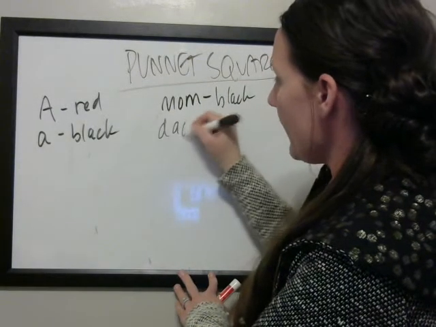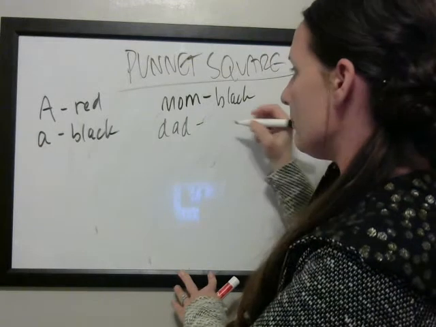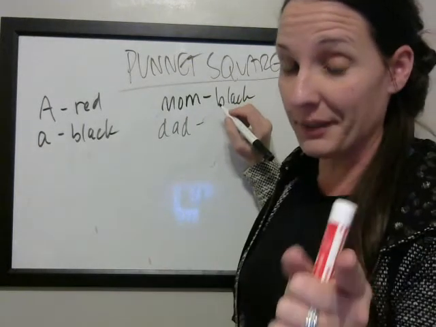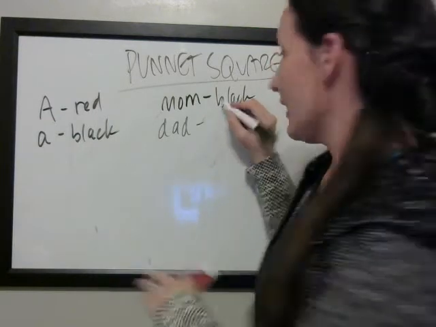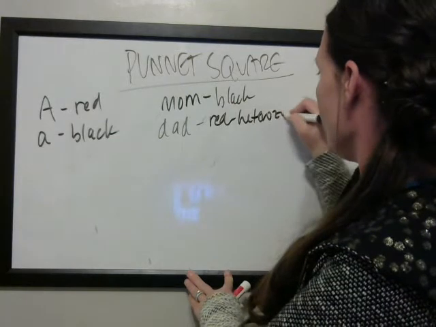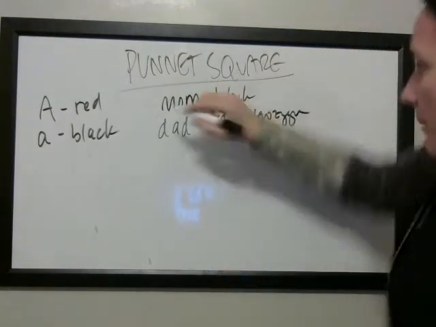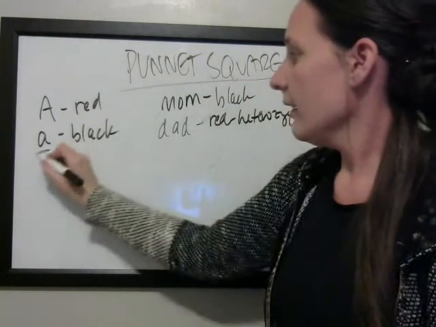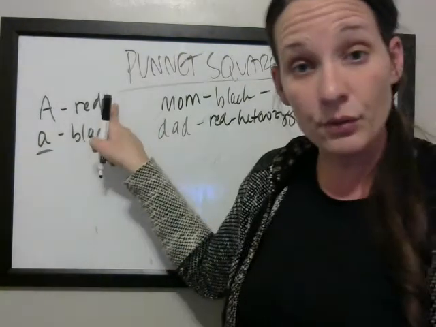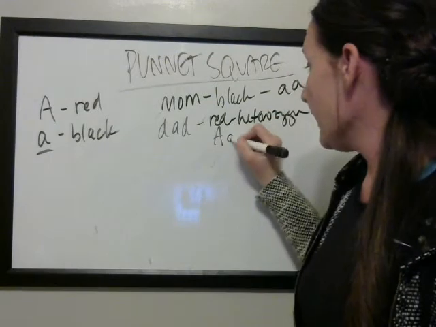And dad, in this case, is going to be heterozygous for red hair. Heterozygous means I have a big and a little letter. So in this case, he's red, but he's heterozygous. That means that mom, because she has black hair, has to be little a, little a, and dad, because he's heterozygous for red, is going to be big A, little a.